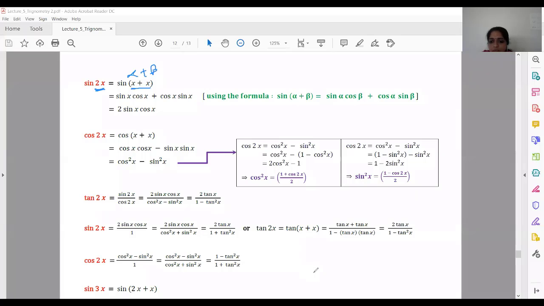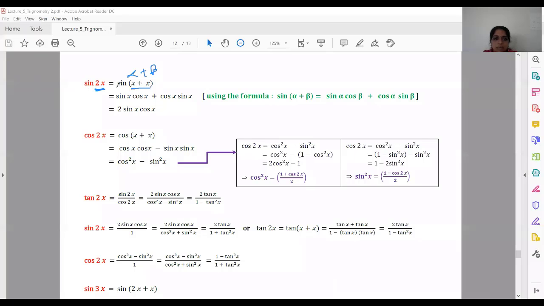This is not your Mathematics One. When I start Mathematics One, I will tell you that now we are going to start engineering mathematics. Now we are doing just revision. I know you all have gone through all the formulas. We are just recalling all the formulas.